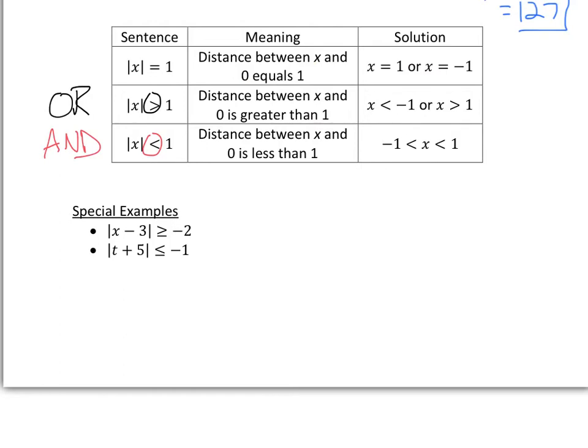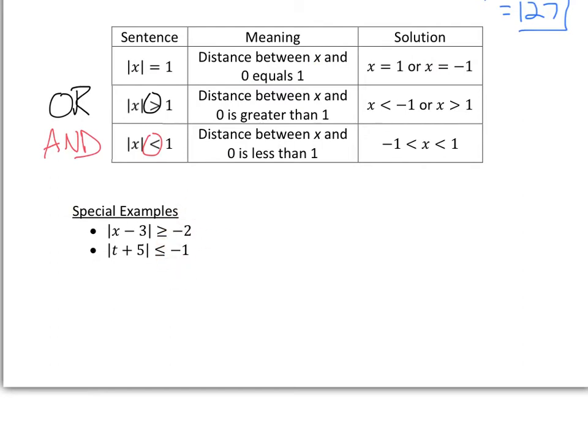All right, quick special examples. This first one, the absolute value of x minus 3, so the distance between x and 3, is greater than -2. If you say that to yourself, you realize that it doesn't make any sense. In both of these special examples, we have negative numbers over here, and you can't have negative distances.